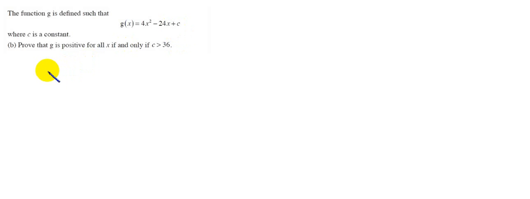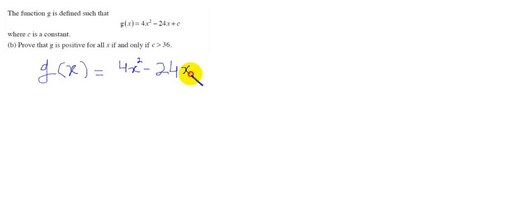So now we have to prove it. Okay, let's give it a try. So function g in x variable equals 4x squared minus 24x plus c.